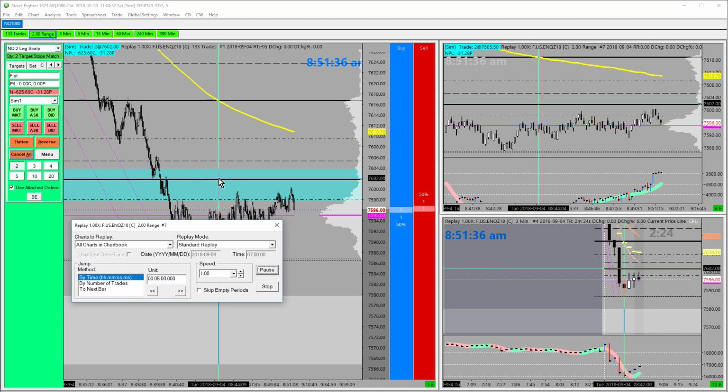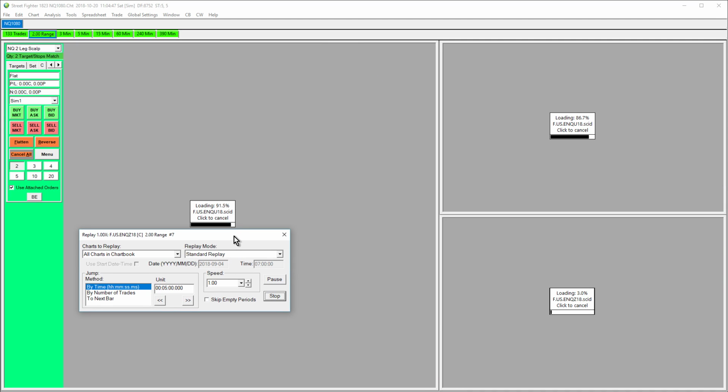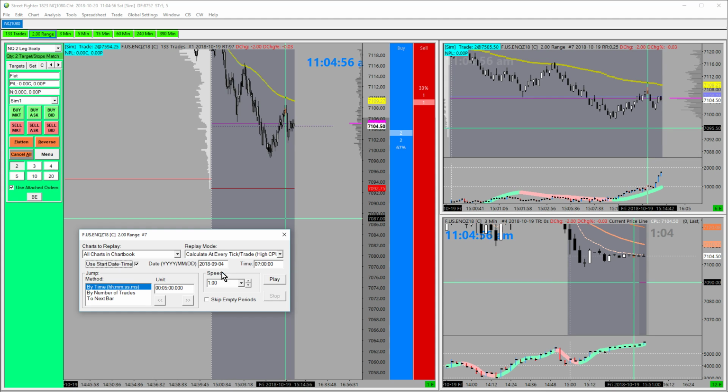What else do I got going? Down 31 points, and I just want to switch this at 8:51 on 9-4. Okay, hold on. Let's try this out because it's getting to me. I'm gonna use some high CPU usage, right?